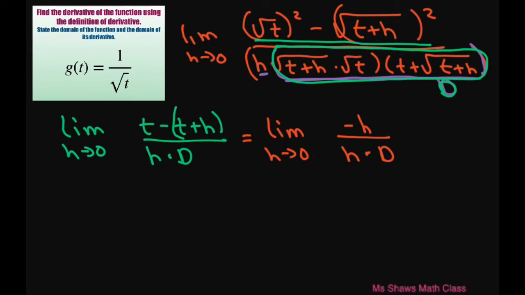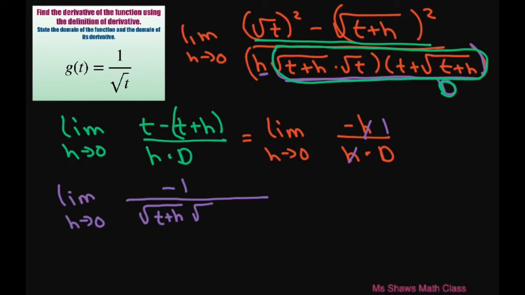Well, what happens is the h's cancel out and you get negative 1. So now we have the limit as h approaches 0 of negative 1. And now let's do our denominator. We have square root of t plus h times the square root of t times square root of t plus square root of t plus h.